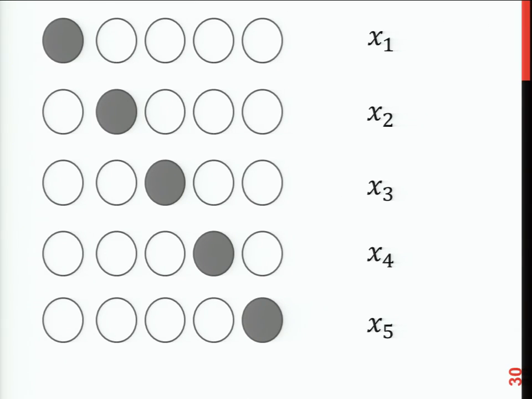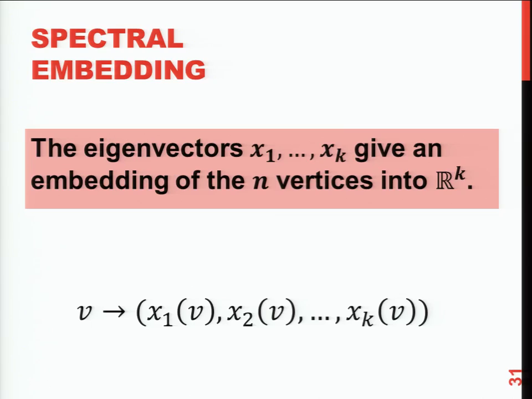But somehow it indicates, through these 5 eigenvectors, which would be the components. So the first component is the set of vertices which are 1 in the first eigenvector, the second component is those which are non-zero in the second eigenvector, and so on. This is a spectral embedding approach.